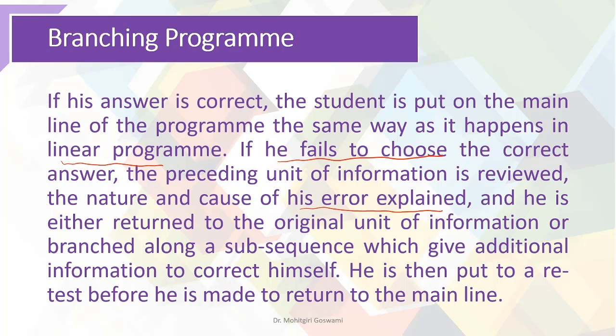But if he fails to choose the correct answer, then he will be redirected to subframes of the unit. He is then put to a retest before he is made to return to the main line. Let's understand this with an example.